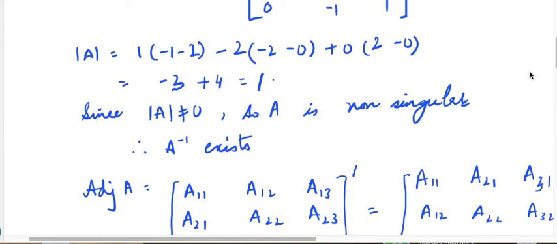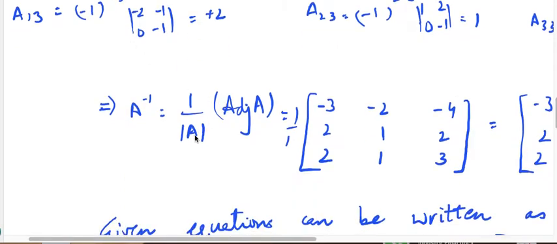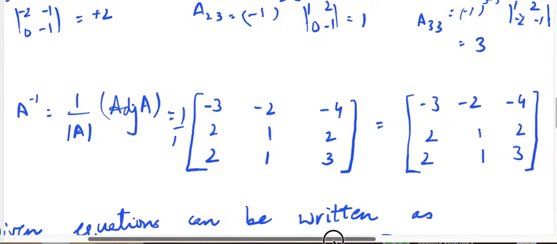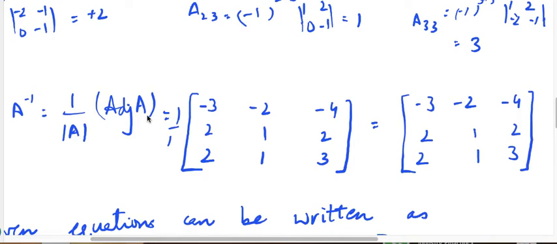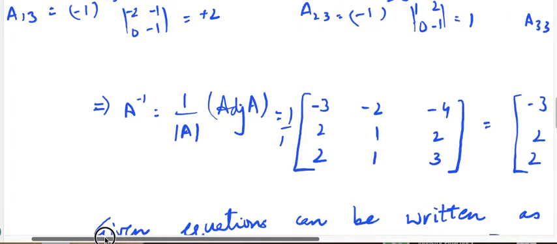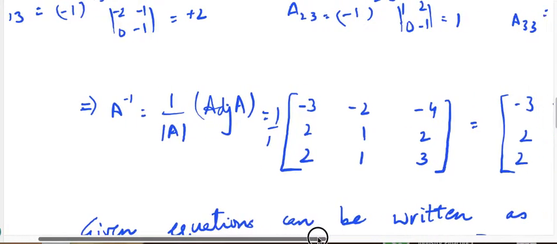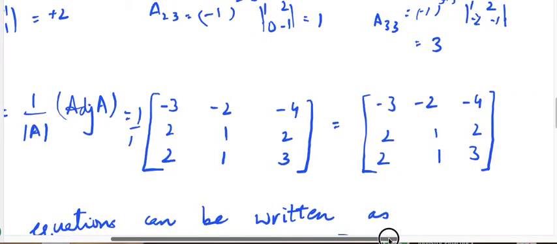A inverse is adjoint A upon determinant A. Many of you are very well versed in finding A inverse, how to find adjoint A upon determinant A. Those who know this, for them I will sum up this question quickly, and for others I will explain how to find adjoint A in a little while.